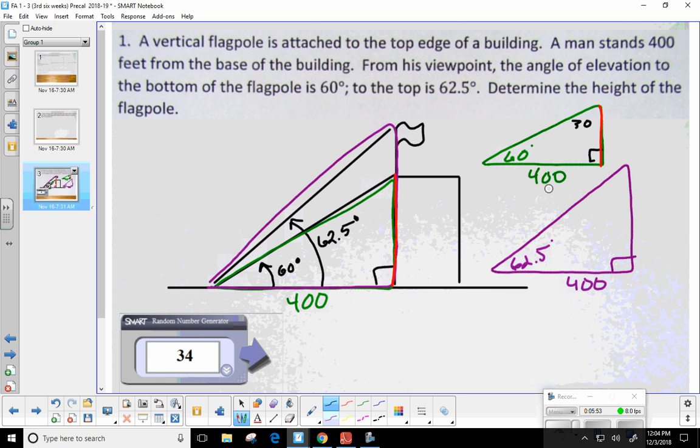So this is 400, right? Do we know what the hypotenuse would be? It's always double the shortest leg. So what's 2 times 400? 800. And for the other leg, we take the shorter leg and multiply it by a radical. It's not 2, it's 3, but it's a square root. So 400 square root of 3.